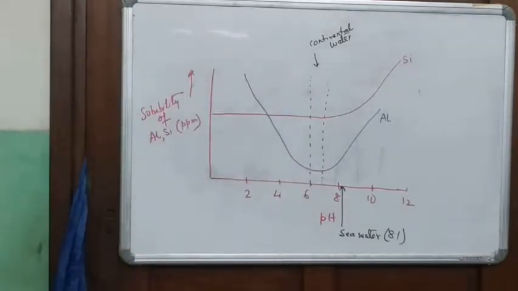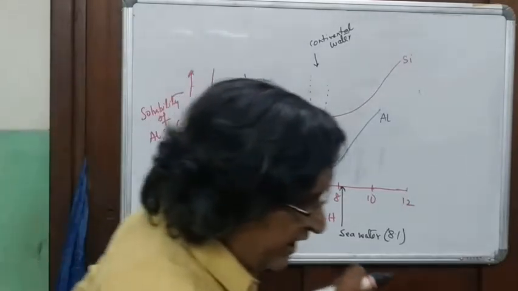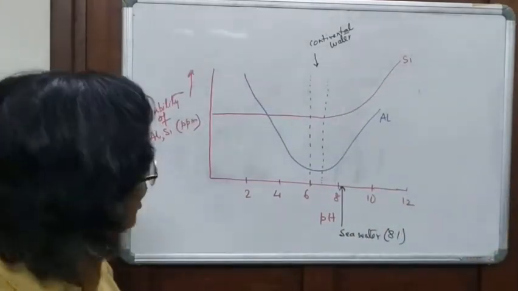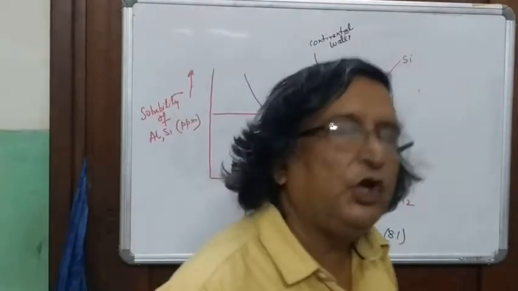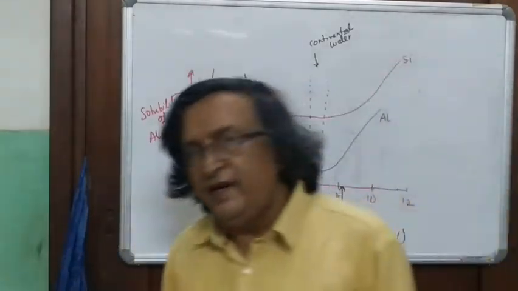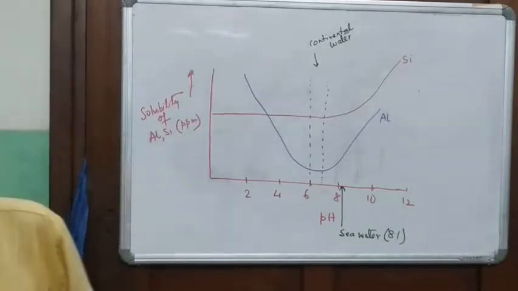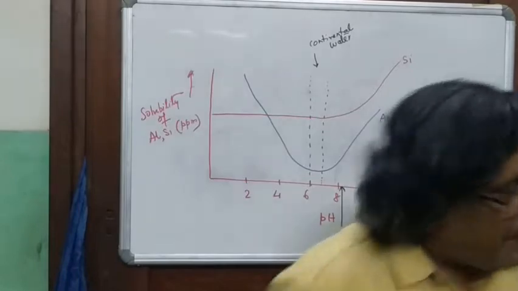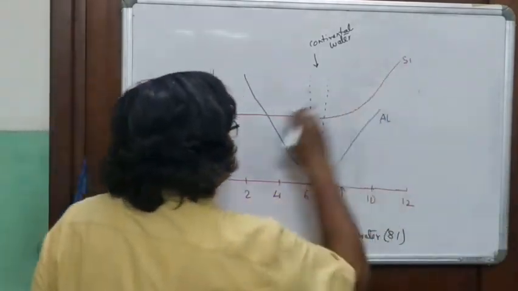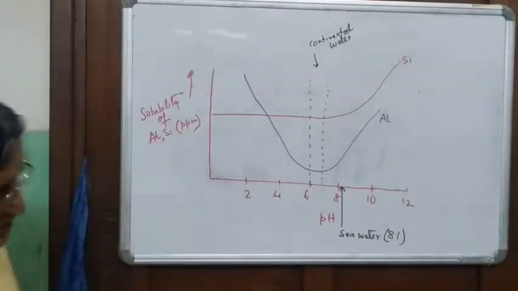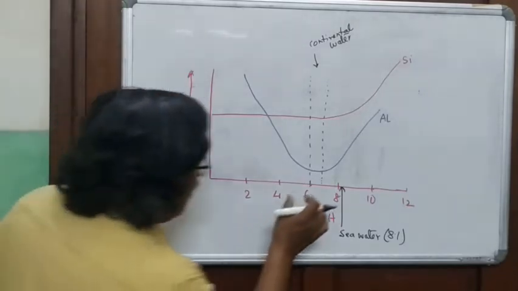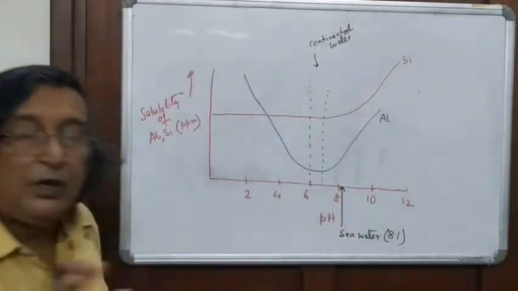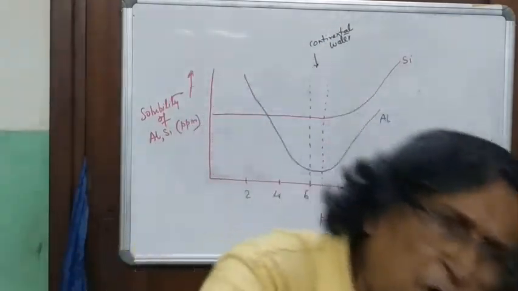Now, I have not given you the values, but you have to take my word that they're true. The solubility of both silicon and aluminium is very low. But the variations are like this. That means for continental waters, not all, but most of them.